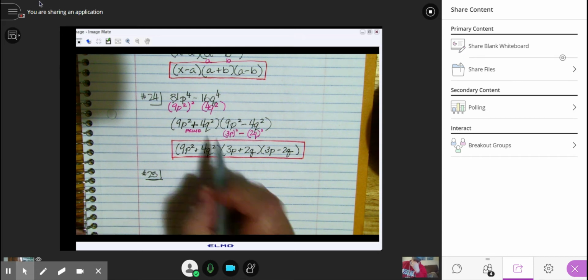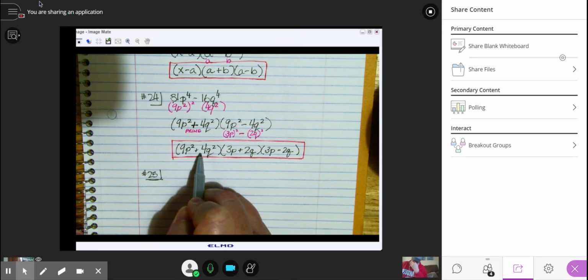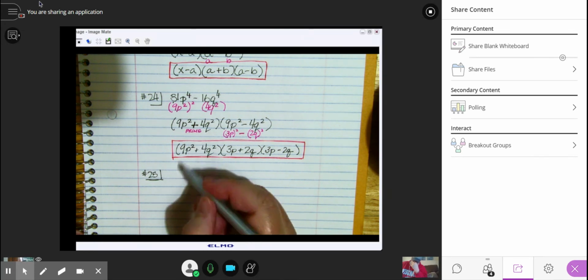Correct. When you have the plus between perfect squares, you're done. That's prime. It can't be factored any further.